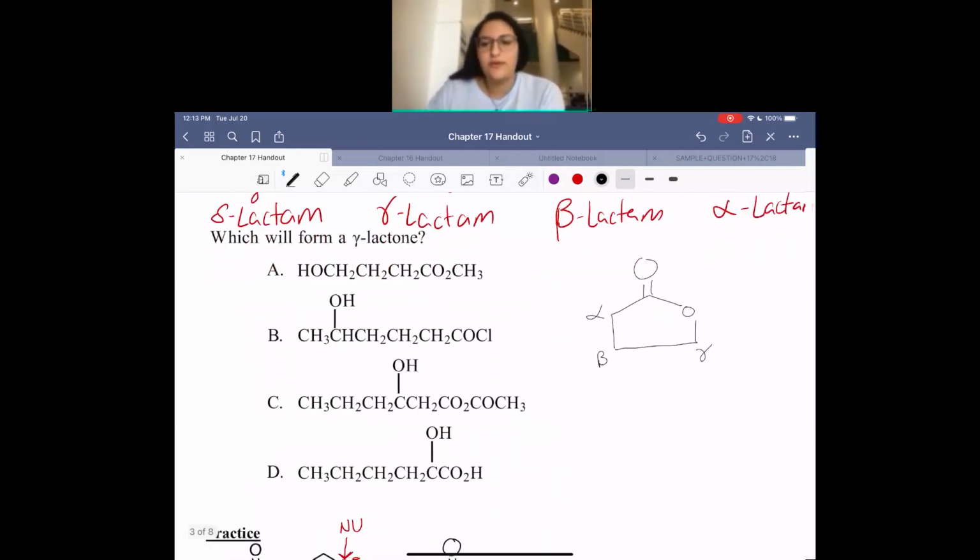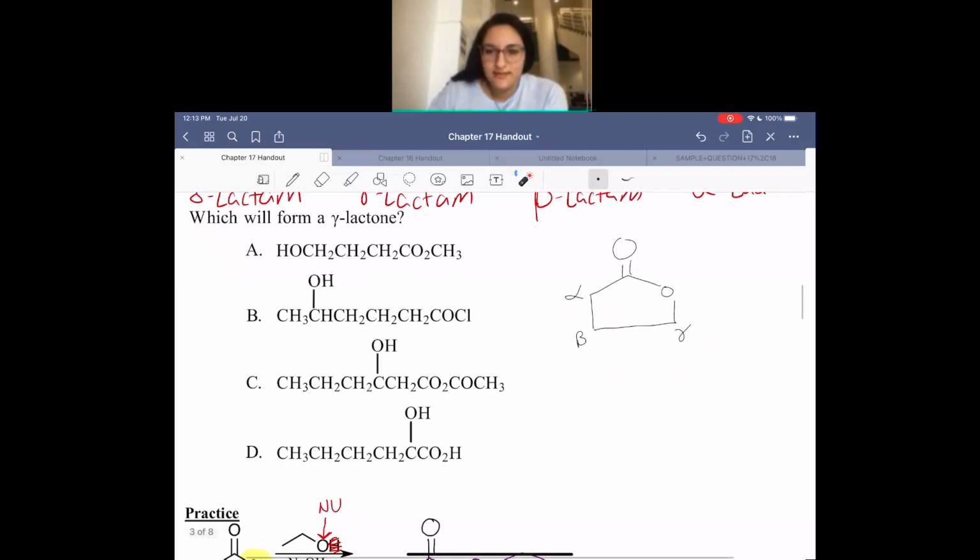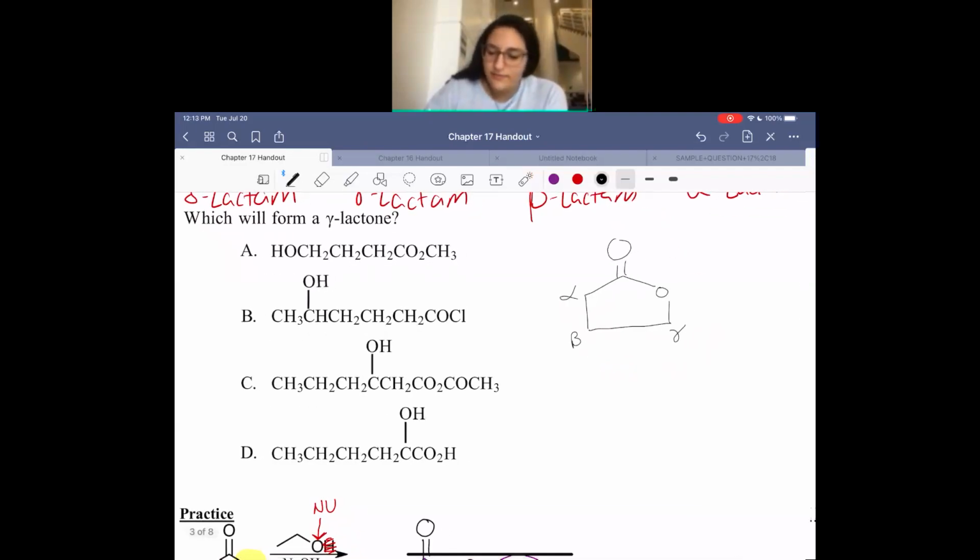All right, so we are trying to make this thing, right? In order to form this, we need to have some carbon chain that has a carbonyl with a leaving group.